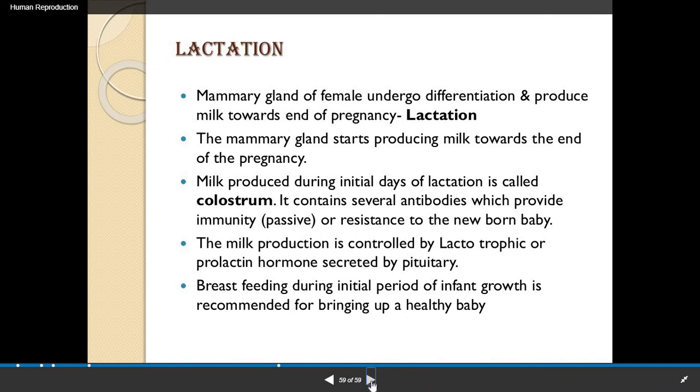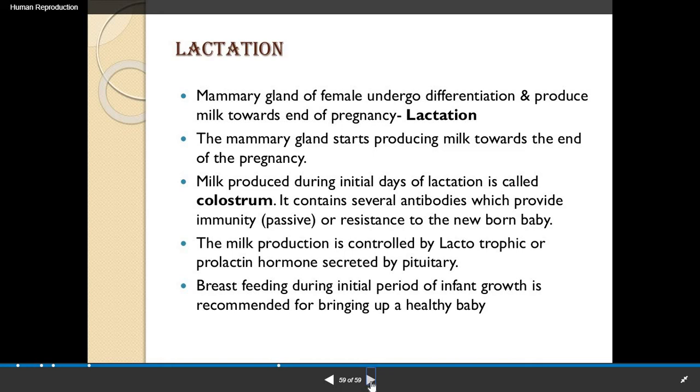Now what is lactation? After the fetus has been delivered, the mammary gland of the female undergoes differentiation and produces milk, which starts towards the end of pregnancy, and this is known as lactation. Milk produced during the initial days of lactation is called colostrum.